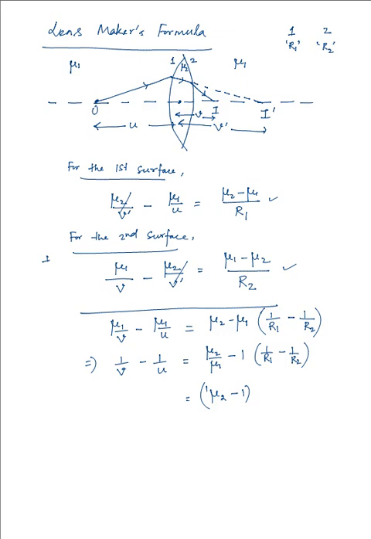Now, generally, the first medium, if we are considering the case as air or free space or vacuum in this case, then the lens is just suspended in the first medium, and the refractive index here thus obtained is actually the refractive index of the material of the lens. So we have mu2 with respect to 1 minus 1, 1 over r1 minus 1 over r2.